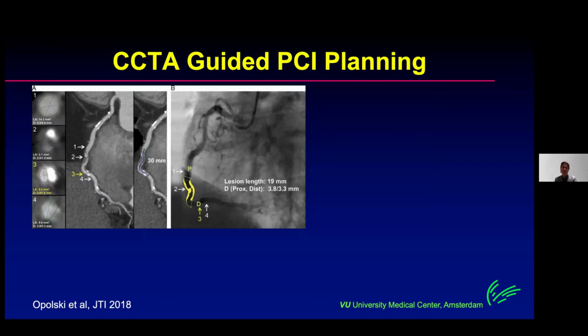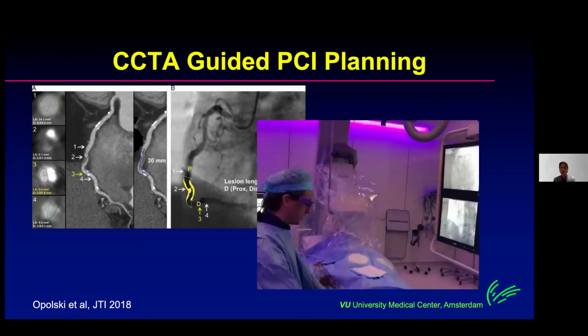So what is the lesion length of the plaque? What is the diameter of the plaque, and how should we stent it? And this adds tremendously to the cath lab. This is me with a Google Glass, having superlay over the imaging techniques of the lesion length.